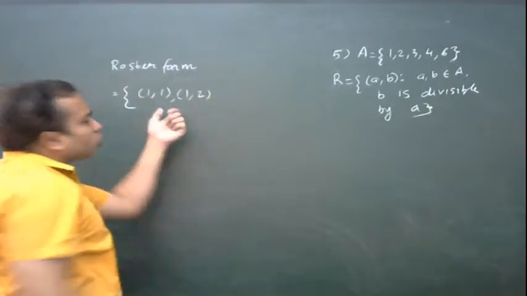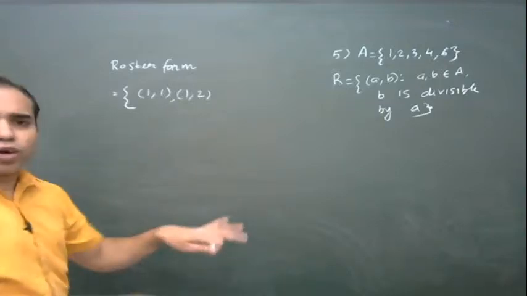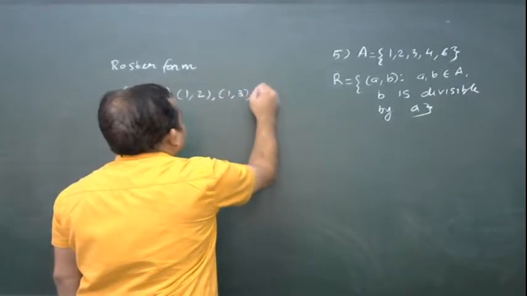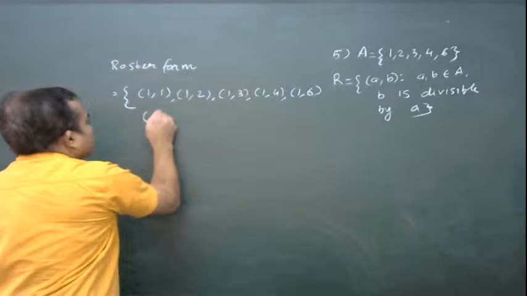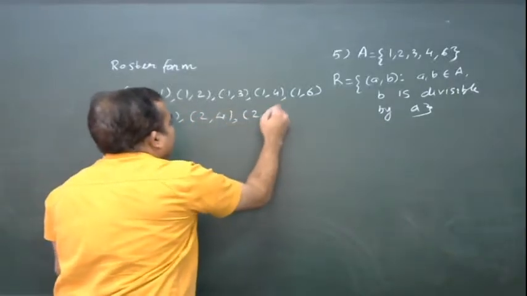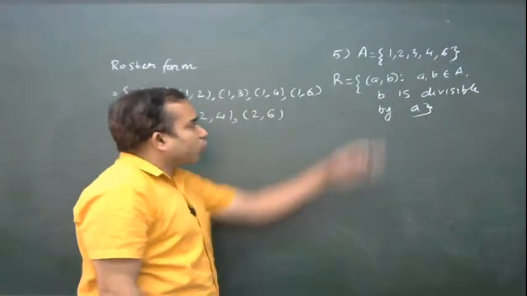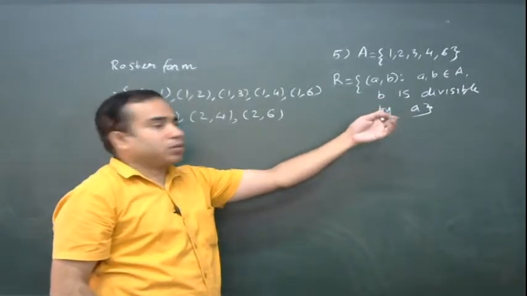The second element should be divisible by the first element. Everyone is divisible by 1, so 1 will come with all: (1, 3), (1, 4), (1, 6). Nice. (2, 2), right? (2, 4), (2, 6), because 4 is divisible by 2, 6 is divisible by 2. That's what they have said, that the second element should be divisible by the first element.